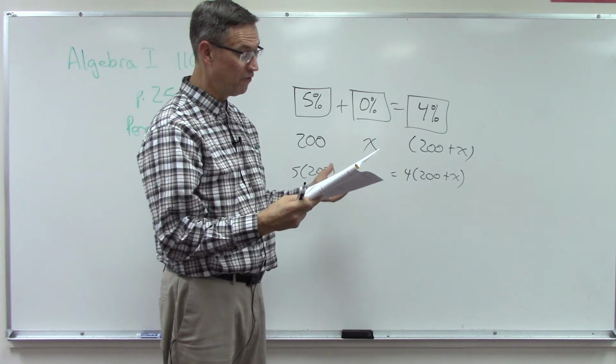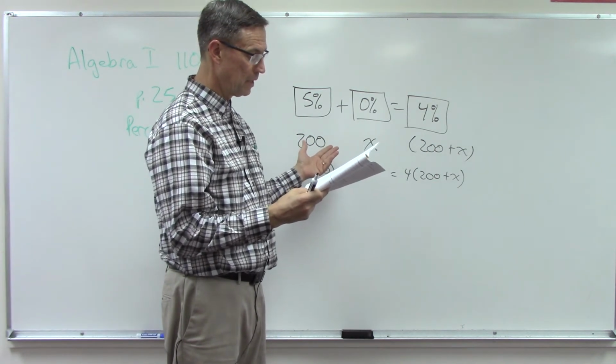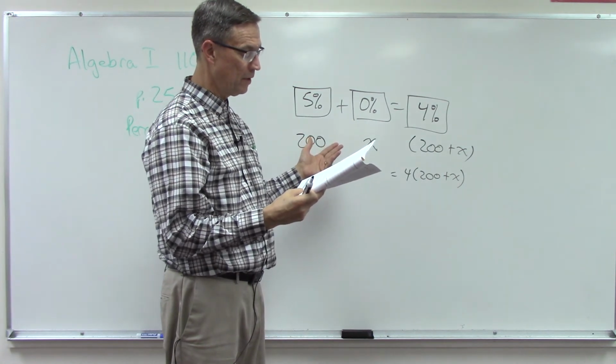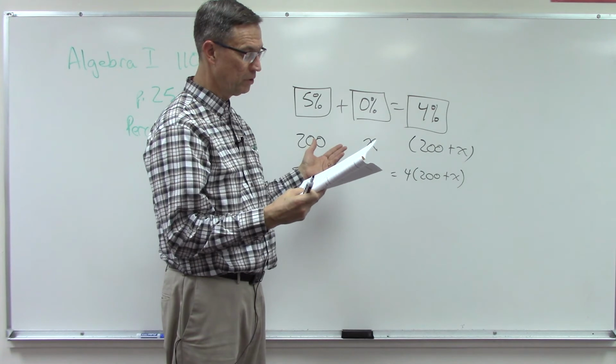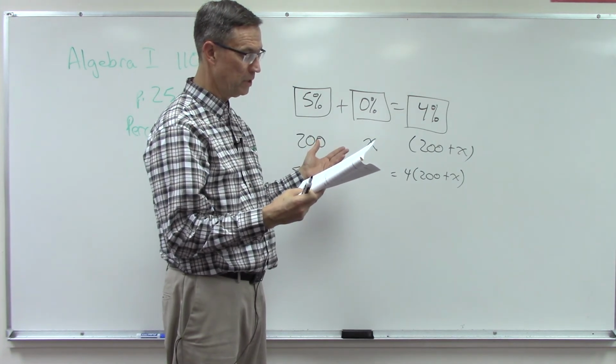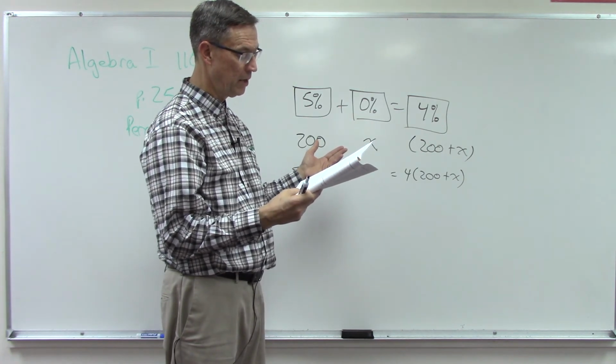Number 7 is very similar. A man adds 1.6 liters of a 60% antifreeze solution to the water already in his car radiator. When the radiator is filled, the solution is 8%. How many liters does the radiator hold?